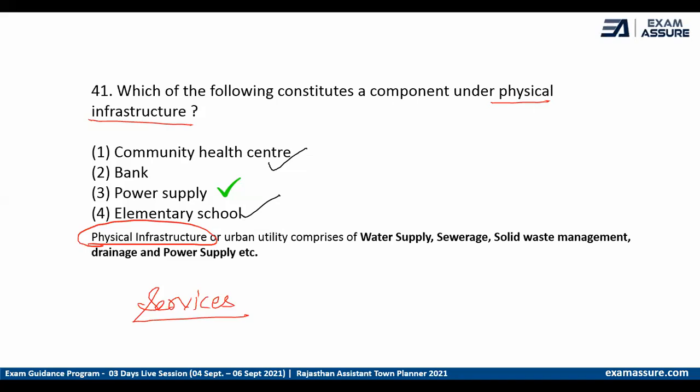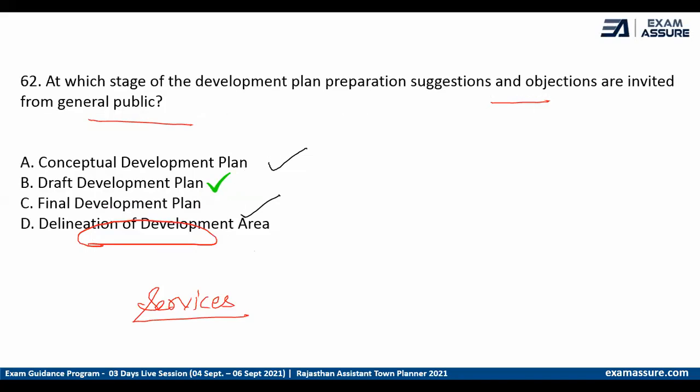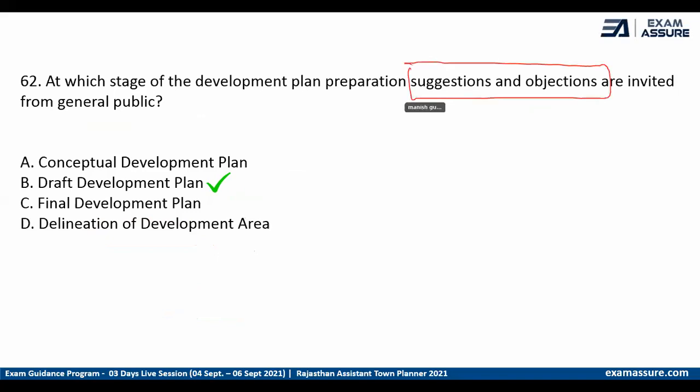Now let's move to the next question. At which stage of the development plan preparation are suggestions and objections invited from the general public? Okay, so the first thing is the conceptual development plan. We can easily eliminate this.